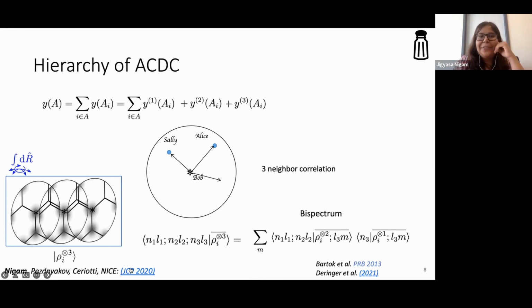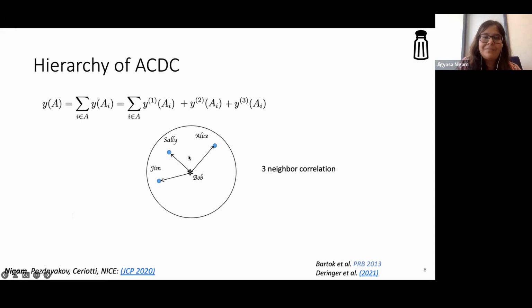So one of the things that was nice, not only just by the name of the framework, but I also think it's a very neat architecture, is that you can consider this three neighbor contribution as recycling information about maybe Bob's interaction with Sally and Alice at the second order, and then considering Jim's influence on this two neighbor correlation.